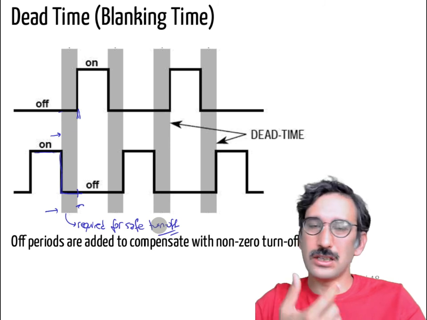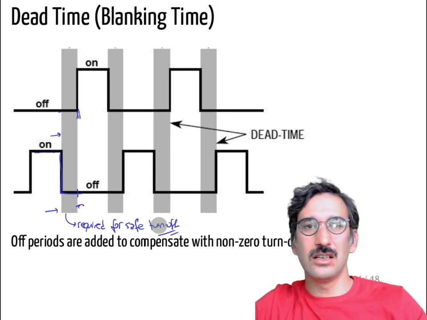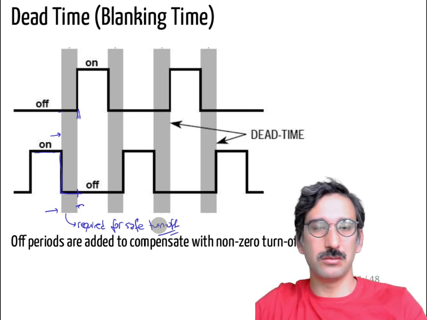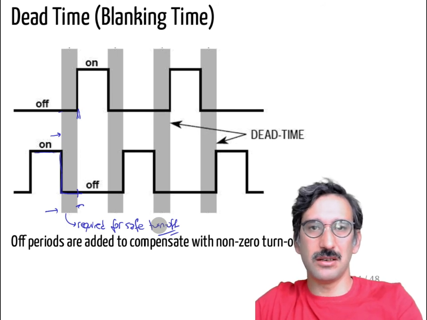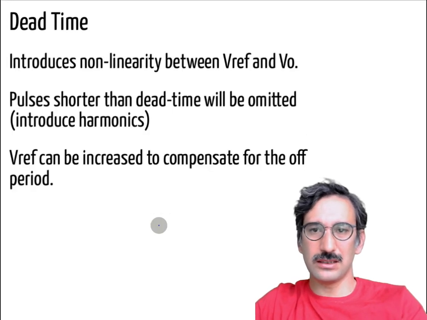You need to check the data sheet, and in the data sheet you can find the turn-off time values. Maybe you need to put some safety factors on top of that. Maybe there are some suggested dead times for that specific switch, but don't forget that time.